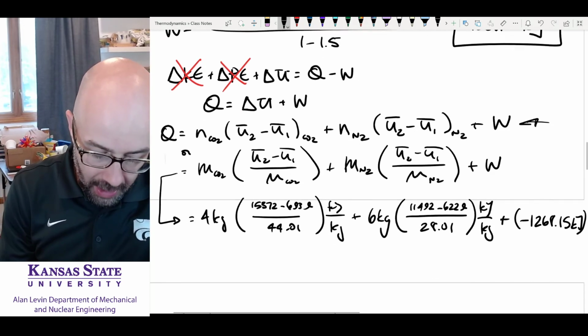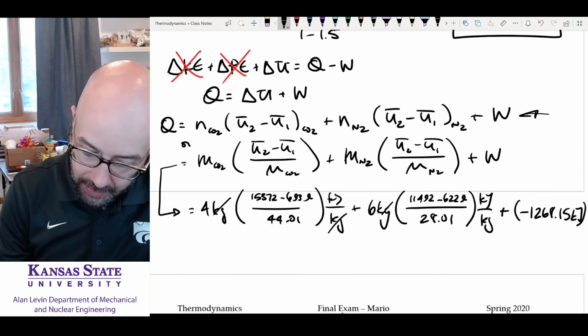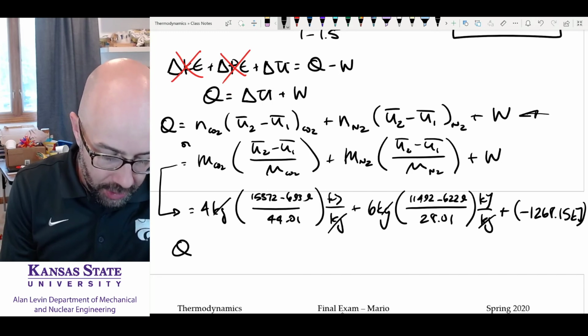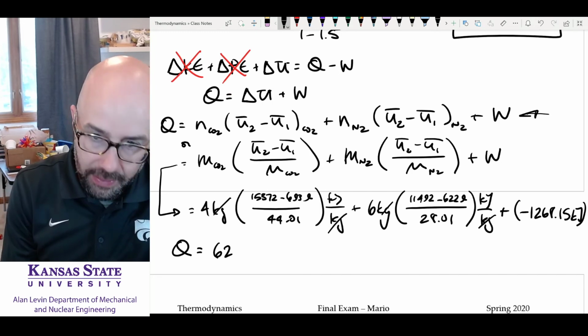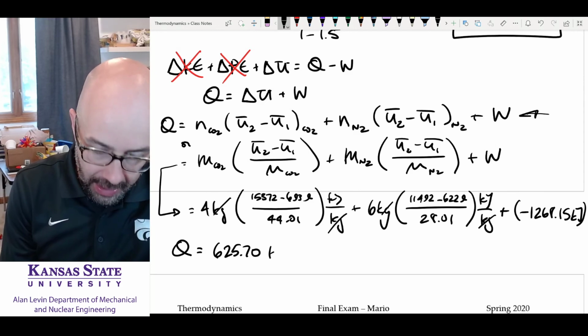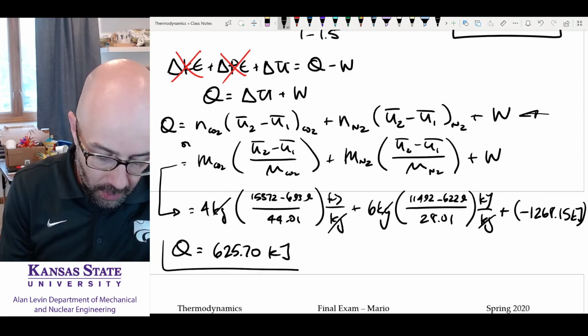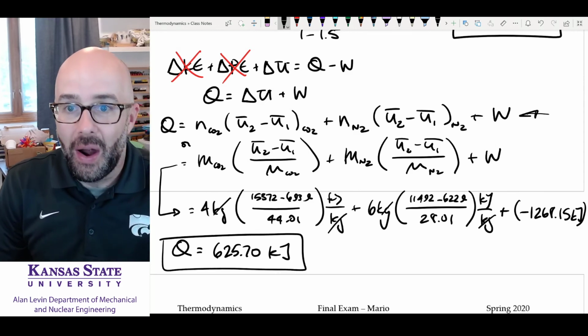Okay, and our units here are going to be kilojoules along everything, and so we're good to go. And so our Q here is going to be equal to 625.70 kilojoules.